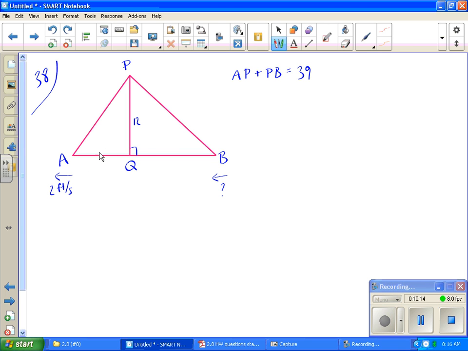So I'm going to call this length something, because that's definitely the piece that I'm given. So let's call this X. Does anyone want to use a different variable? Did the book use a different one? You want to use A? Let's use A. Okay, so if this is A, what is this 2 feet per second? dA dt.